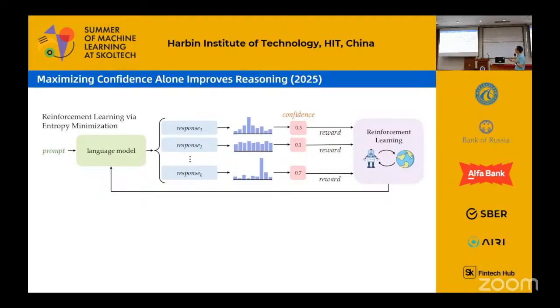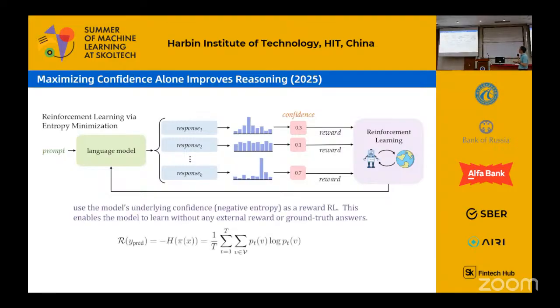By confidence, I mean that for this response we have the probability of each token. For this response, some tokens have large probability, but for this other response the model is not so confident, because for each token the probabilities are very close to each other. So this paper proposes that maybe we can just use the model's underlying confidence.